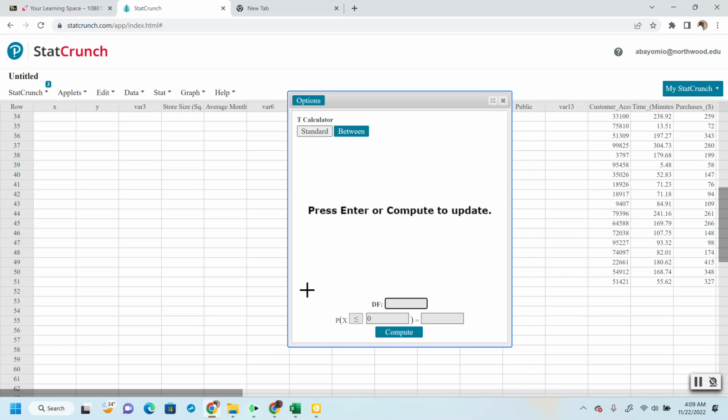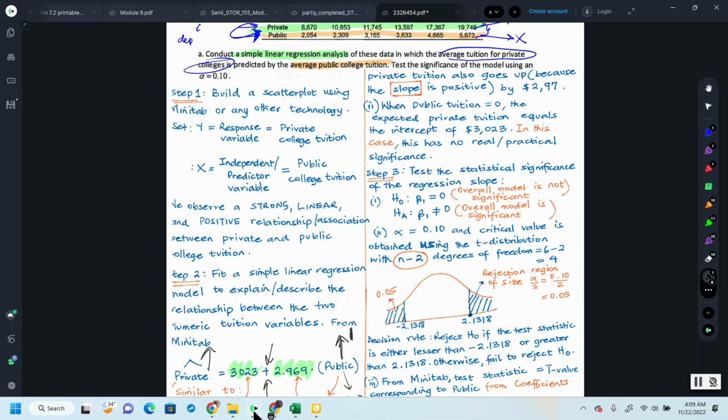So going back to StatCrunch, I'm going to key in my degree of freedom, which is 4. I'm going to key in the size of one of the tails, which is 0.05. I can choose either greater than or lesser than. So here we go.